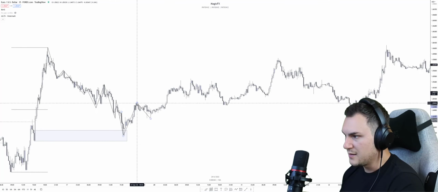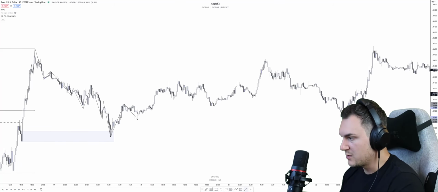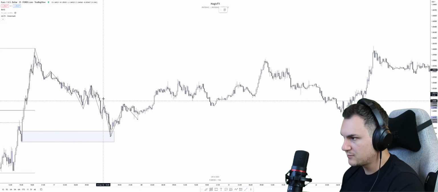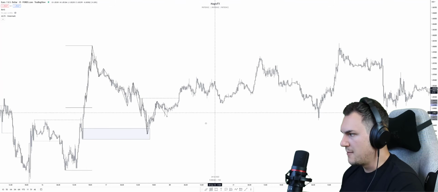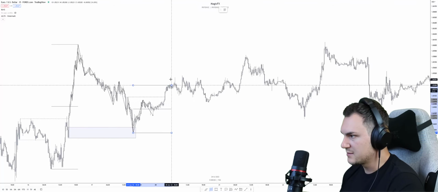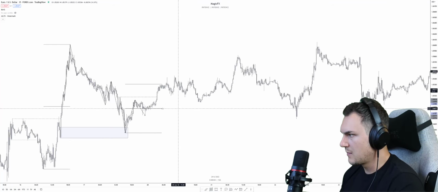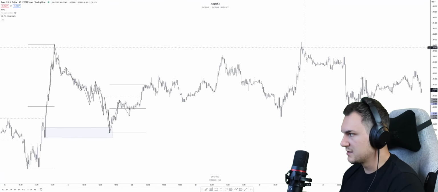So yes, we kind of had our original chock here, but we can also look at this as a more valid breaker structure here. Okay, and then we frame up our premium and discounts again from there. So at our first cemented high, and price continues on.